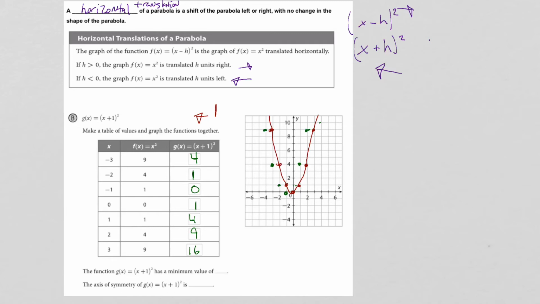And right over here, this goes right off the page.